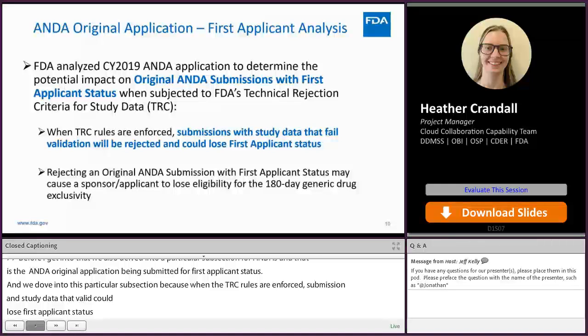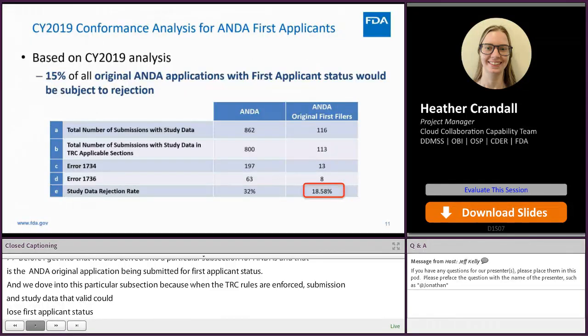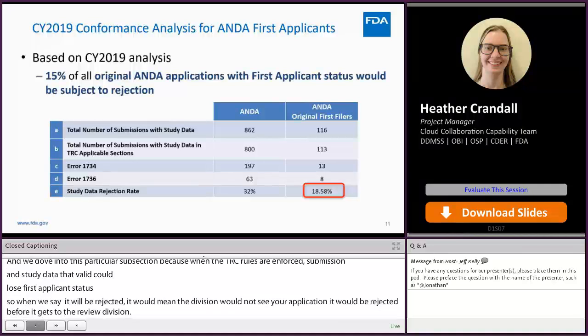Our analysis on this subset of ANDAs showed that in calendar year 2019, there were a total of 113 original ANDA submissions that had study data in the TRC applicable sections that were submitting for first applicant status.